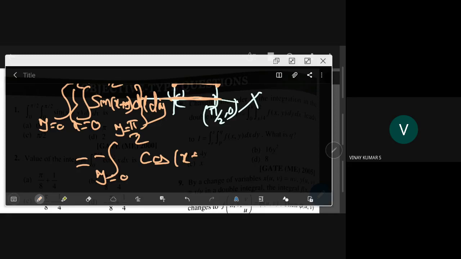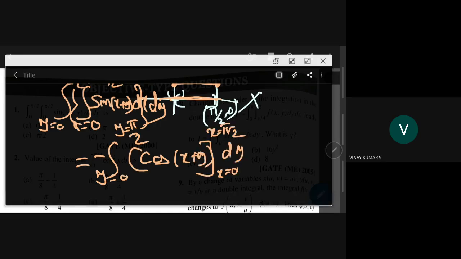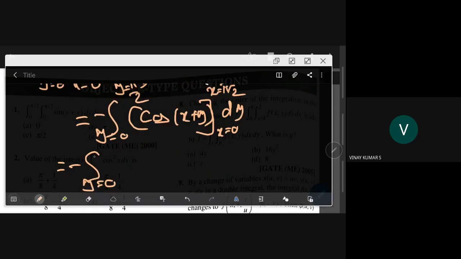You have dy here, and you need to put the x limits 0 to pi by 2. So if you put x, we have cos(pi by 2 + y) minus cos(0 + y) dy.